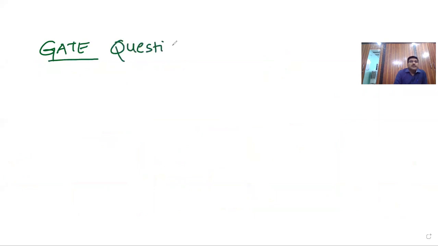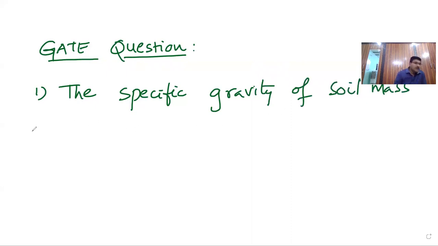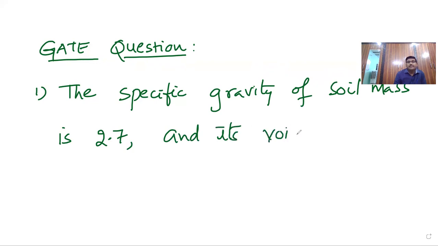Here I list out: the specific gravity of the soil mass is 2.7 and its void ratio is 0.945.